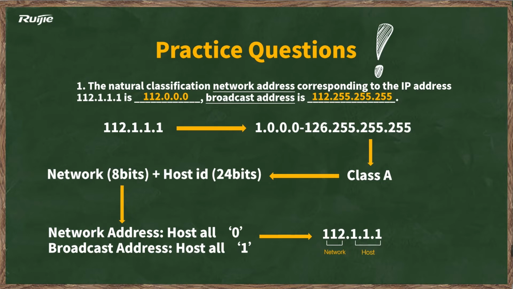Making the last 24 bits all 0 gives the network address 112.0.0.0. Making the last 24 bits all 1 gives the broadcast address 112.255.255.255. So this is the first question.